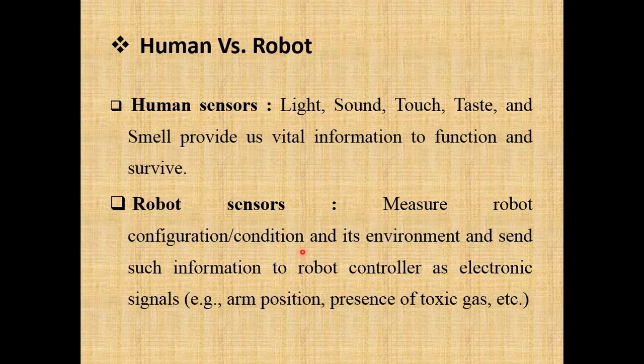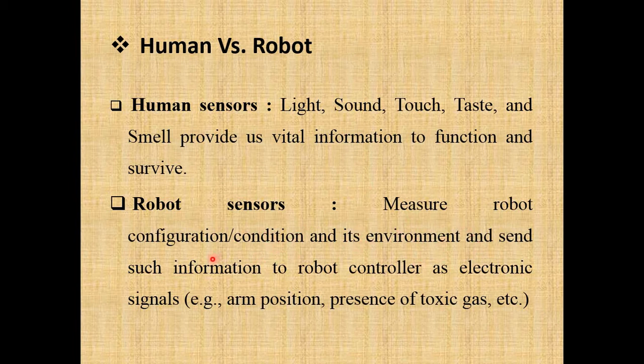Now, what is the difference between humans and robots? As we know, in human anatomy we have different sensors like light, sound, touch, taste, and smell, and they provide us vital information to survive. In robotic anatomy, different sensors are available for measuring the robot configuration as well as the condition of its environment.